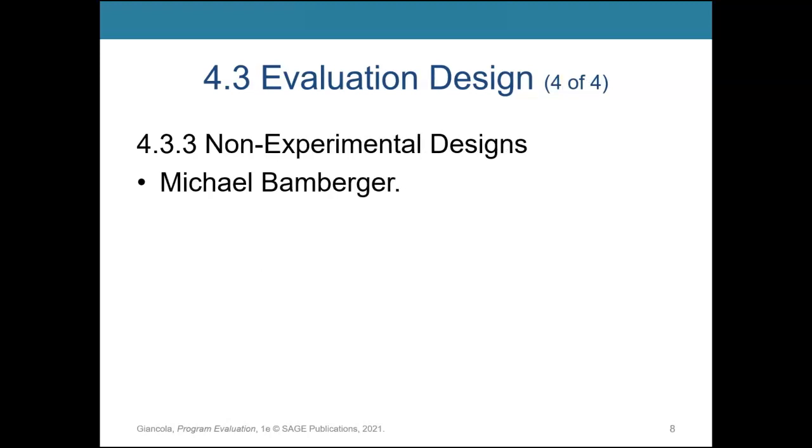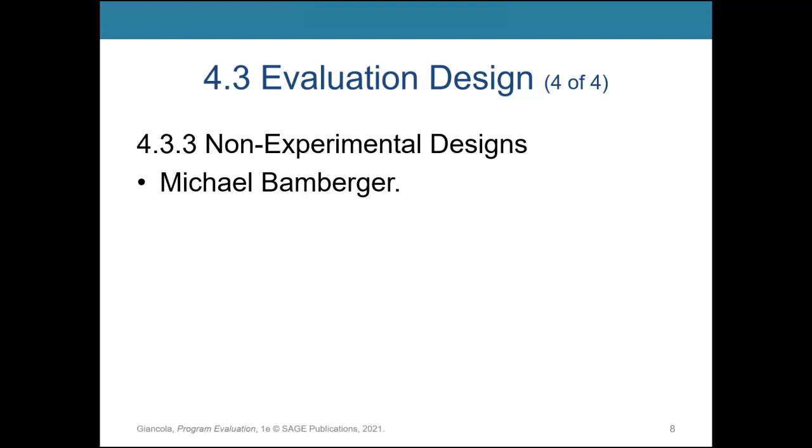Last, you've got non-experimental designs where you don't have a control group at all, or you have a really poor control or comparison group. Much weaker designs, you're not able to determine causality really in any way. But sometimes it's the best you can do.